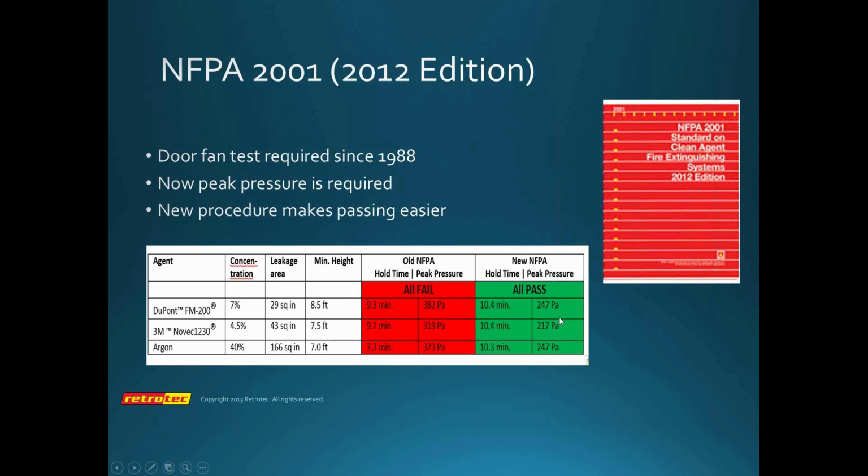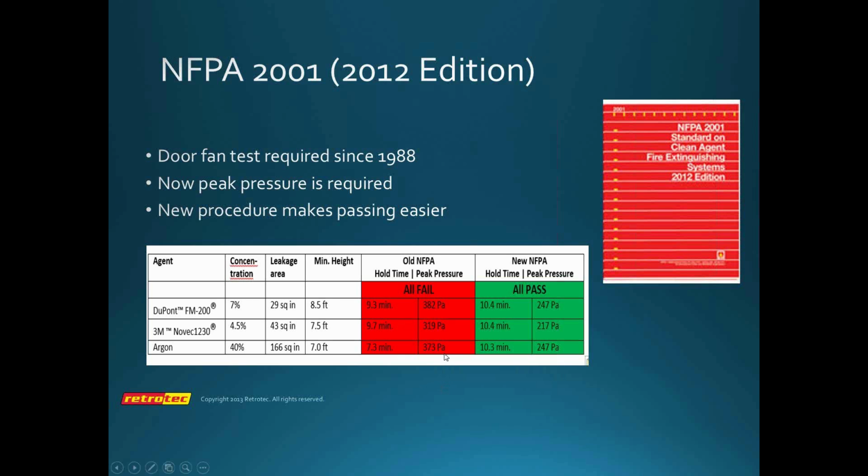Using the new NFPA 2012 version, it would pass the hold time evaluation by about another 10-12% or so in hold time, because of the new test procedure that we have. And at the same time, if the peak pressure requirement was 250 pascals or less, it would pass that as well. So there are some advantages there.